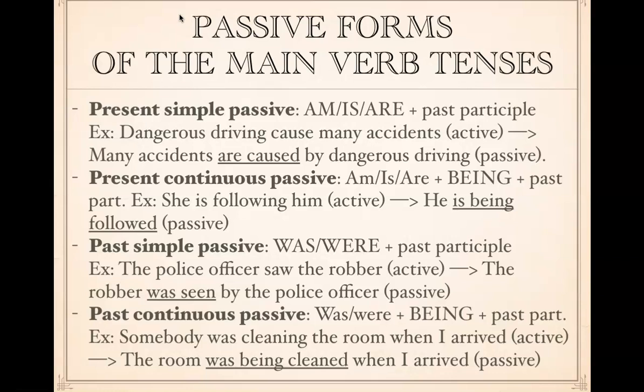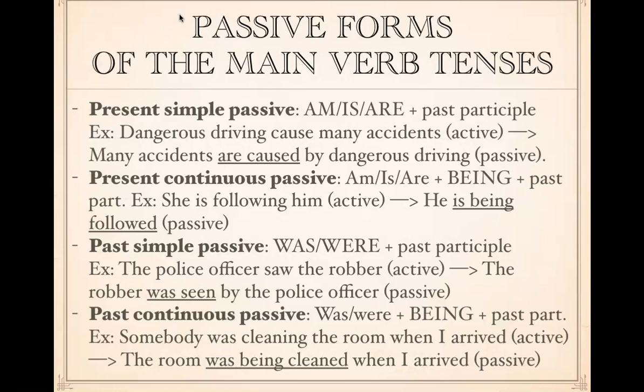In the present simple, we have the verb to be in the present form, so am, is, or are, followed by the past participle. For example, first we have an active sentence, which is dangerous driving caused many accidents, and the passive sentence would be many accidents are caused by dangerous driving.